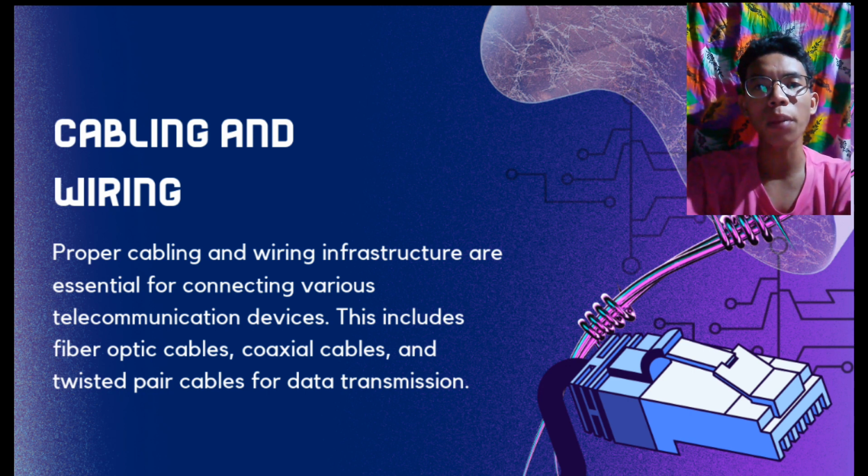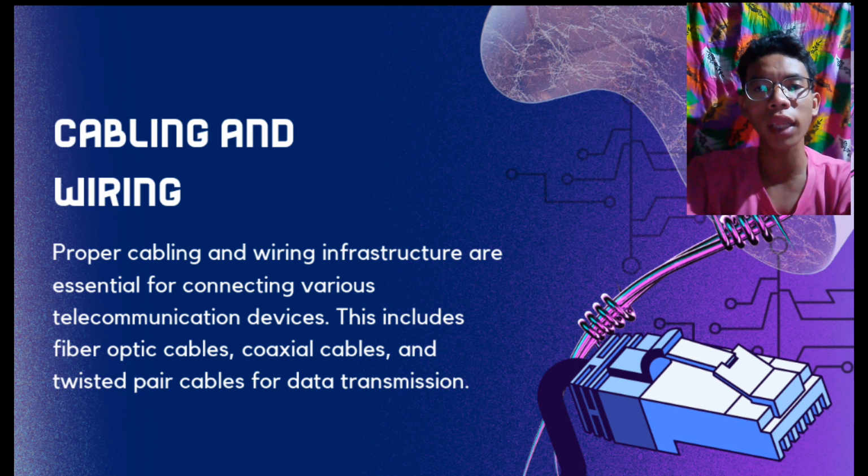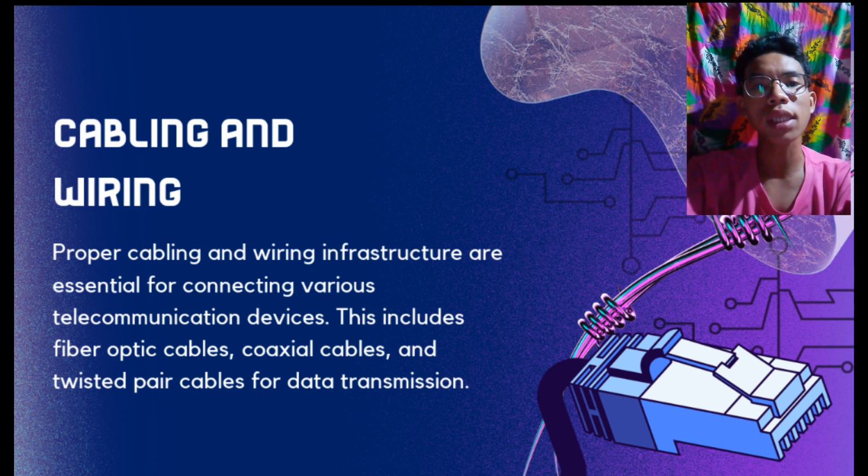The structured cabling system, comprising standardized connectors and wiring, ensures uniformity and ease of maintenance. Well-designed cabling is essential for minimizing signal interference, optimizing data transfer speeds, and enhancing the overall efficiency of a telecommunication network.